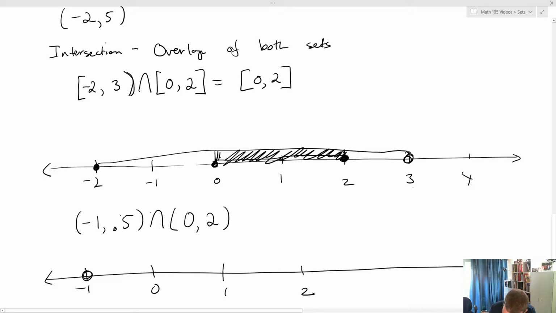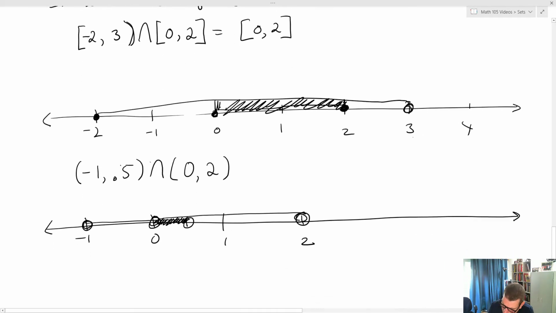We go from -1 to 0.5, and the 0.5 is open. Both are open. And then 0 to 2. We'll notice that the overlap is between 0 and 0.5. So my interval is going to go from 0 to 0.5.